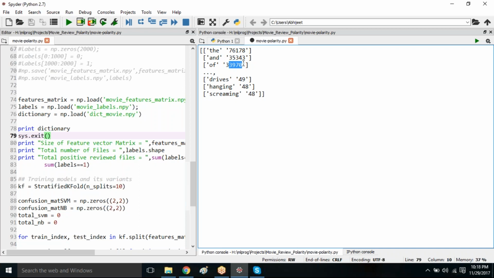This frequency is how many times this word has occurred across all 2000 files. Of has occurred 33,000 times, the has occurred 76,000 times. So this is how a dictionary looks.